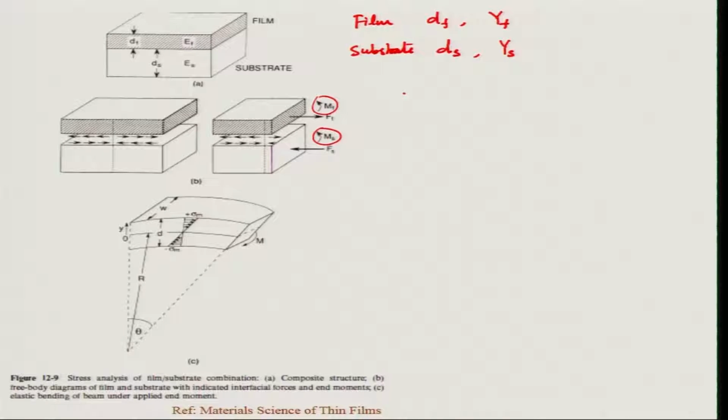So the bending moment for the film will be given by Yf df cubed w divided by 12 R, and R is the radius of curvature of the combined substrate and film bending.